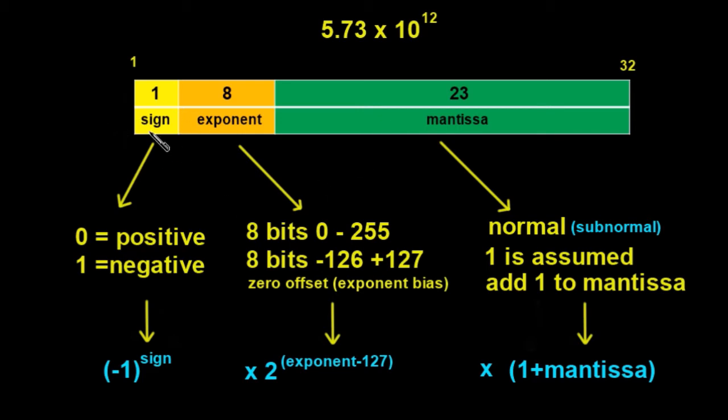The sign bit is very simple. If the sign bit is a 0, then the number is positive. If the sign bit is a 1, then the number is negative. So this makes it very easy for us. Once we've worked out how to do floating point numbers for all of the positive numbers, to get all of the negative numbers, all we have to do is change this sign bit.